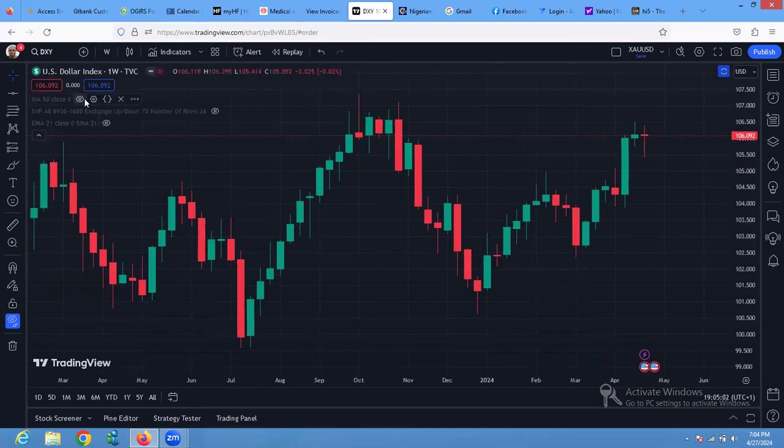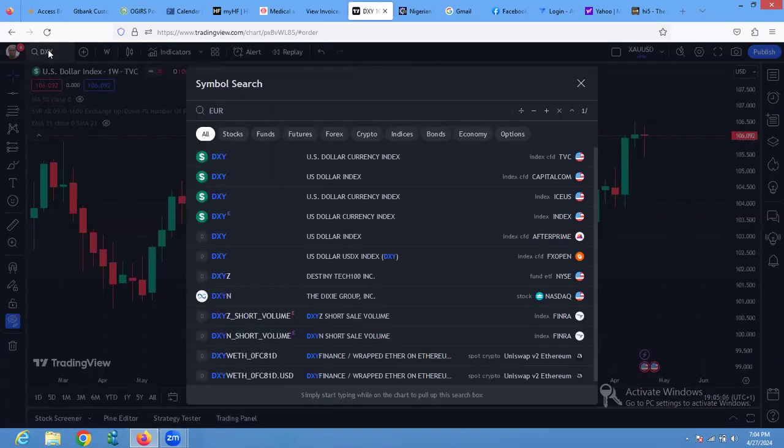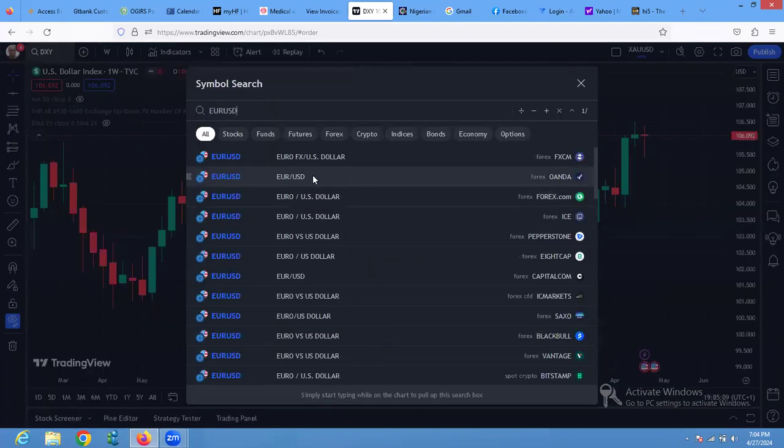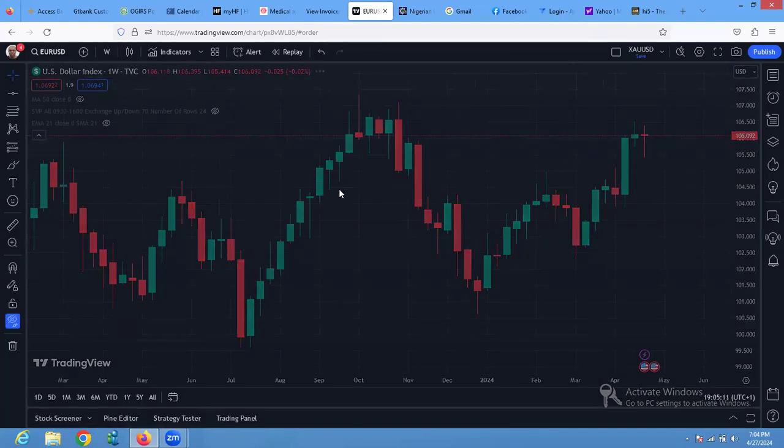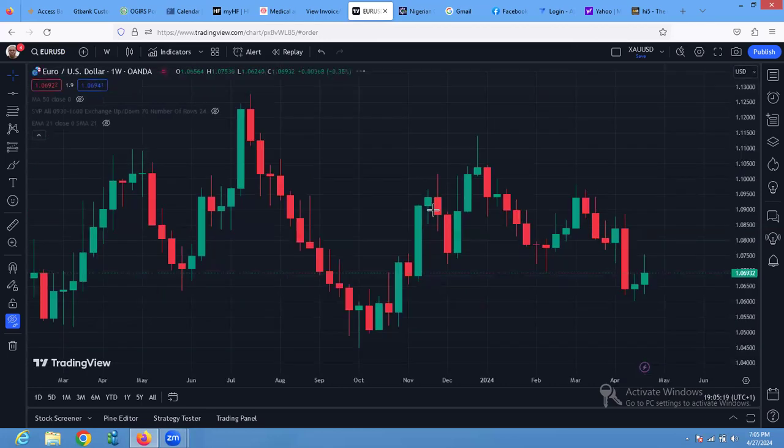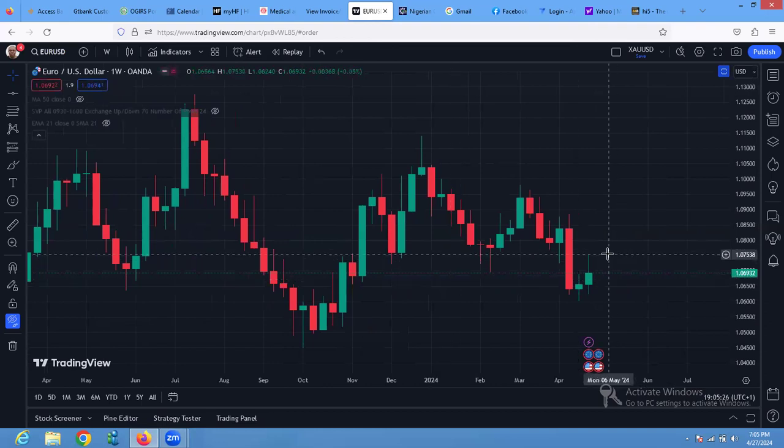And if you look at US dollar, euro dollar, we are comparing the weekly time frame. The chart on euro dollar. Okay, so euro dollar, it's kind of similar to that of US dollar. We have often thought that DXY and Eurodollar are opposite of each other, inversely proportional.